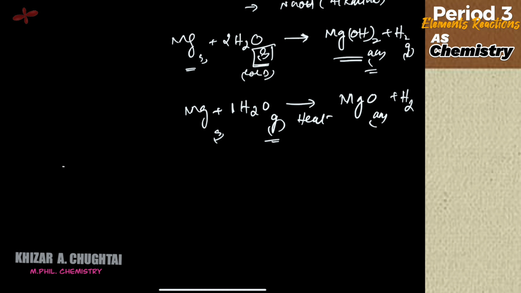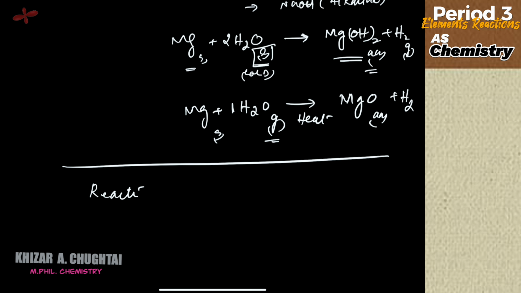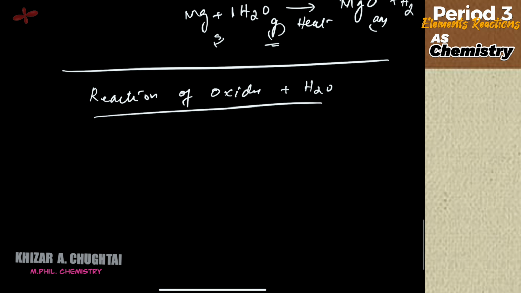Now, the reaction of oxides with water. For example, the first oxide is Na2O. It's a highly soluble oxide. It reacts with water.